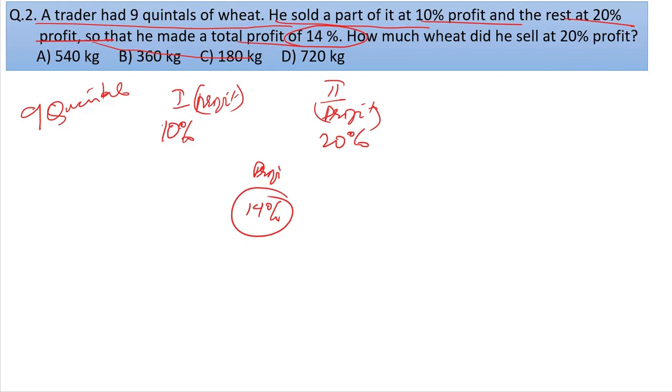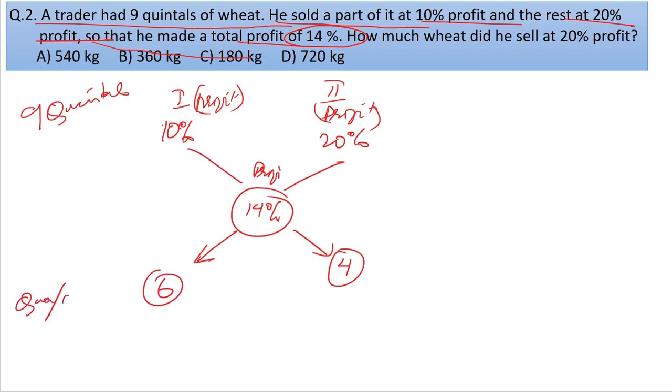Profit of 1 and 2 together is 14% total profit. The difference is 14 minus 10, which is 4, and 20 minus 14, which is 6. This will be the quantity or cost price ratio, 4 to 6, that is 2 to 3, so 5 units.